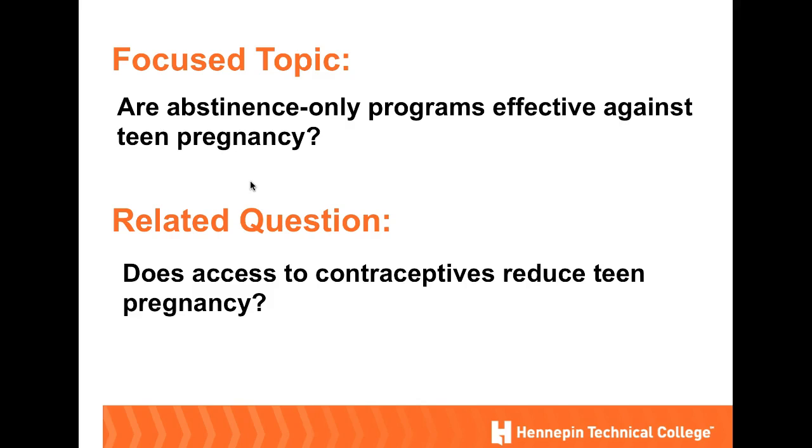So I'm just going to use one related question here as an example to show you how you can pull keywords out of it to search for information. But you can have 5, 6, 10, as many related questions as you need to help you find the information that you're looking for.